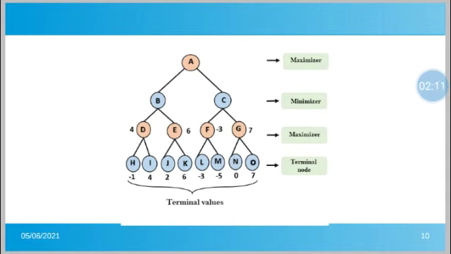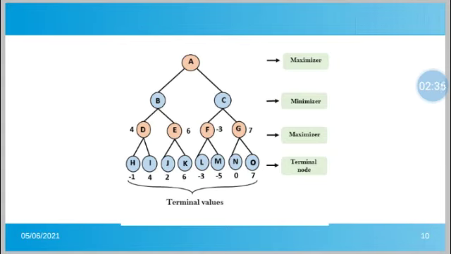At node D, max has two options, H and I. The value of H is -1 and the value of I is 4. These are the utilities, known as the terminal values. D will choose the maximum of them, which is 4.